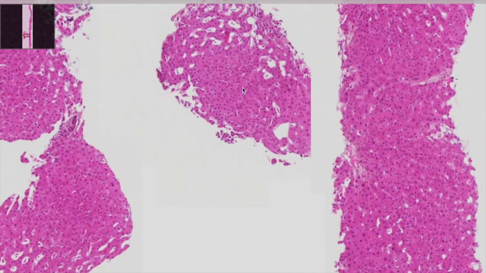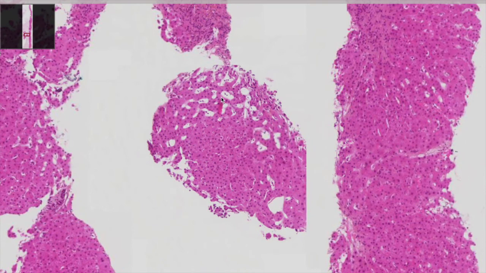And you have a good example here on this fragment, here the nodular area, and here the area with sinusoidal dilatation.